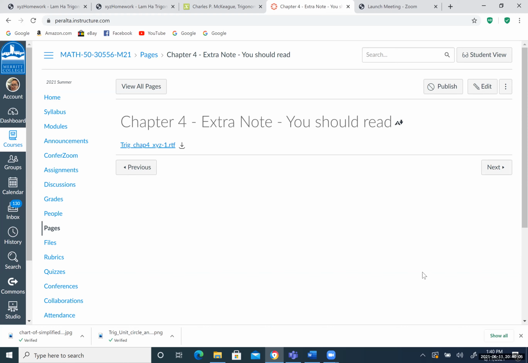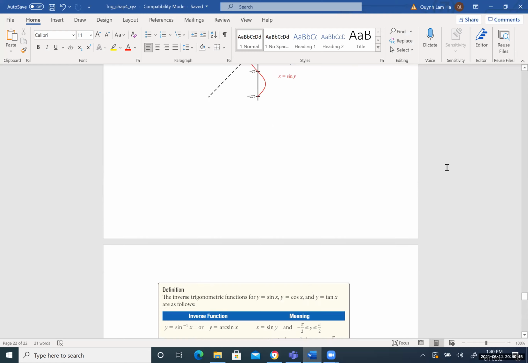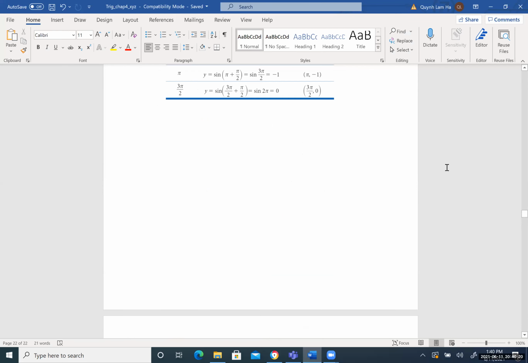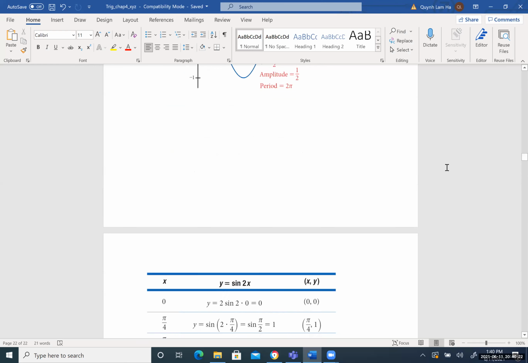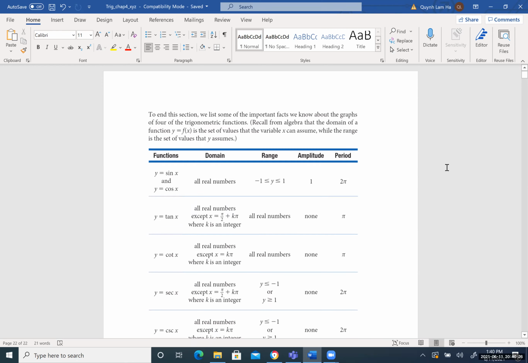Let me see what happened here. Okay. And I open it up, then you will see the file looks like this. I combined all sections within this file, so it's kind of heavy. You should look at this ahead or when you do the homework, okay?